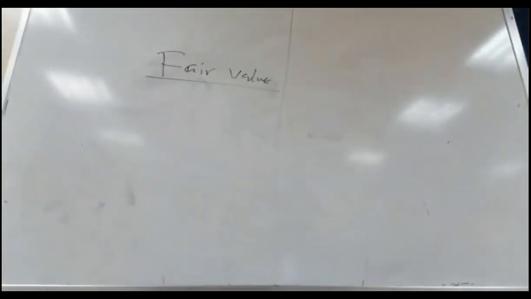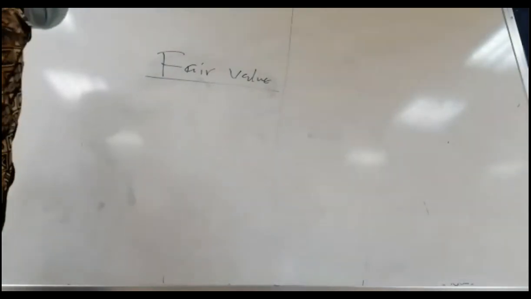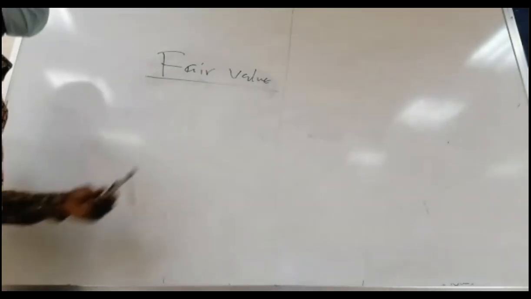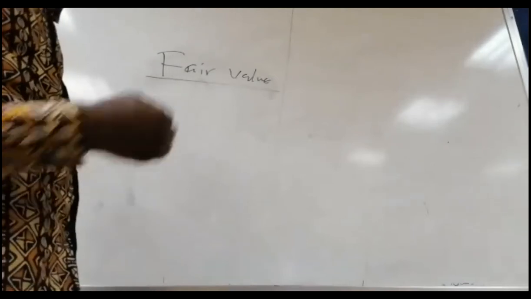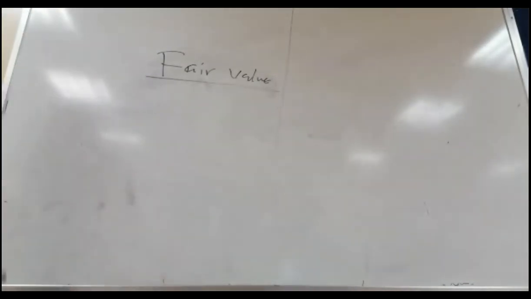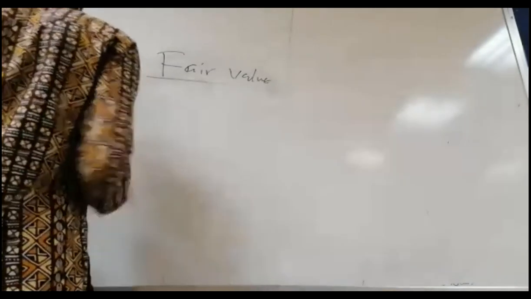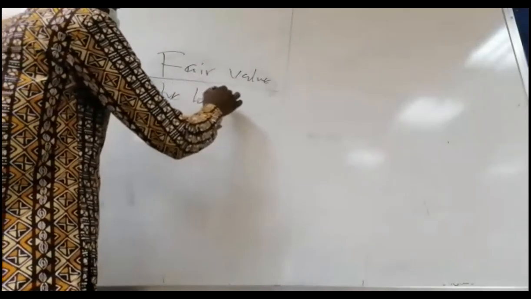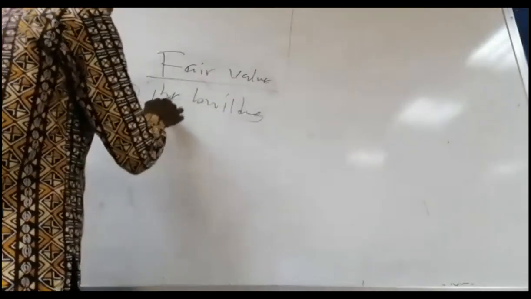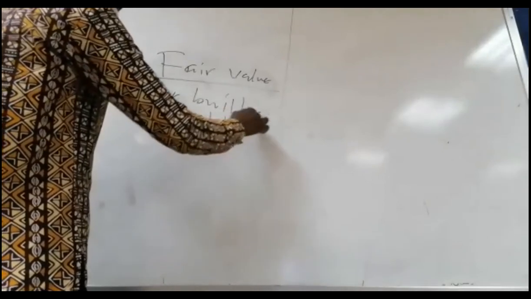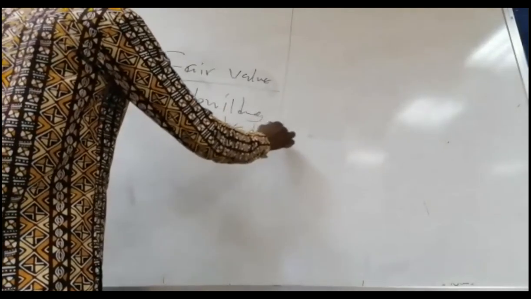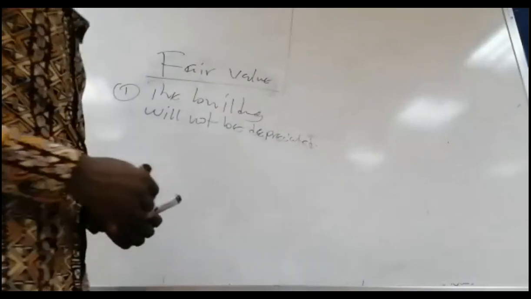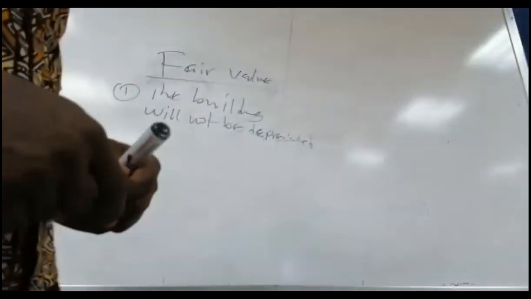Every year the asset must be fair valued, and then the fair value gains must be recorded. So tell the examiner that under this model, the building will not be depreciated. Instead, it will be fair valued at the end of each year. So here, the building will not be depreciated, but instead it will be fair valued at the end of each year.